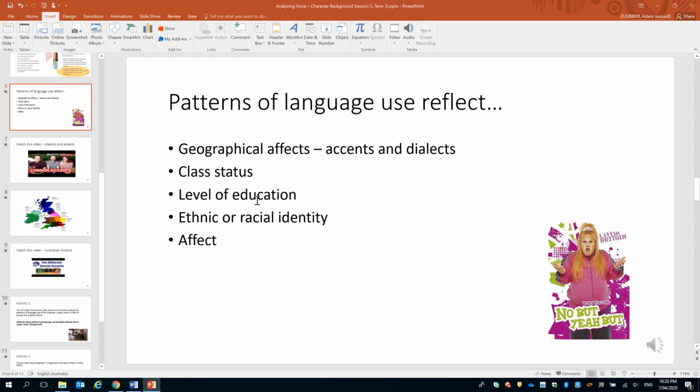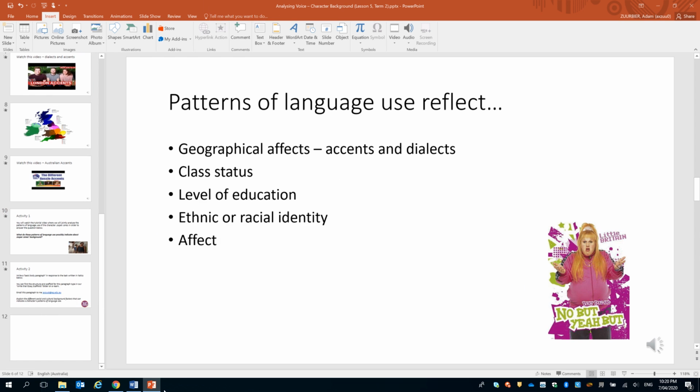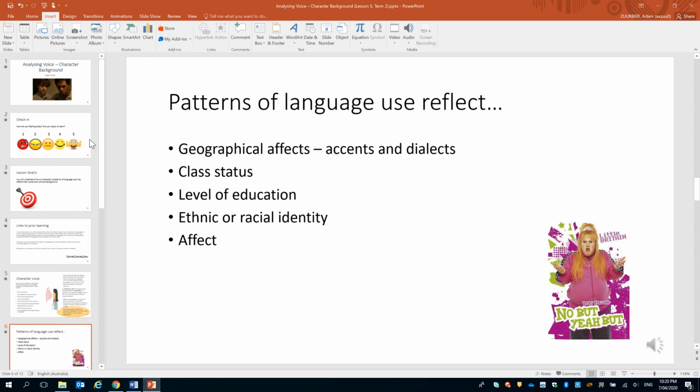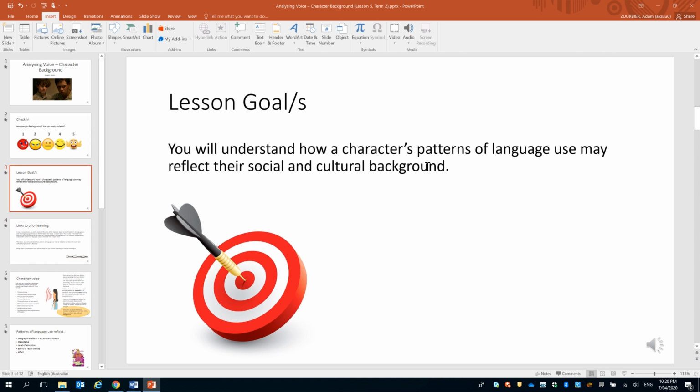We want to think about his patterns of language use and what they reveal about these different factors. Something important to remember, as I stated in the lesson goal, is how his patterns of language use may reflect social and cultural background.